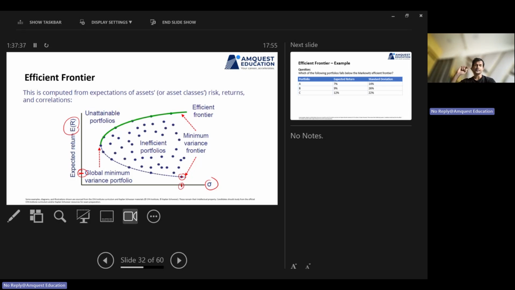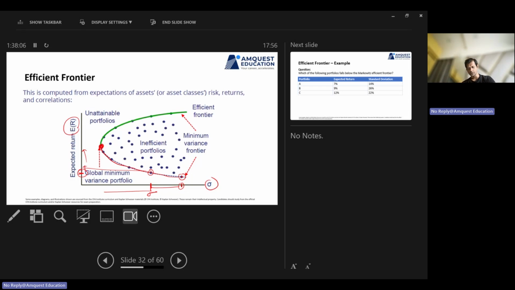But if I add more assets which are giving me slightly higher return, then because of diversification, my deviation is reducing, but my return is going slightly up. So this is indicating that my risk is reducing, but my return is increasing. Why? Because I'm adding assets which are adding higher return and reducing my risk.